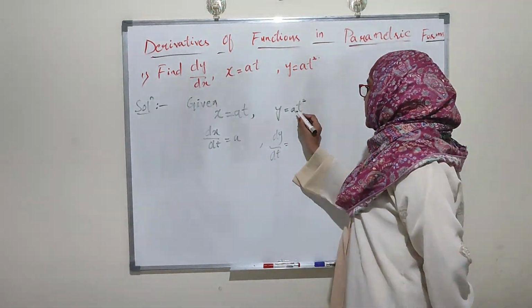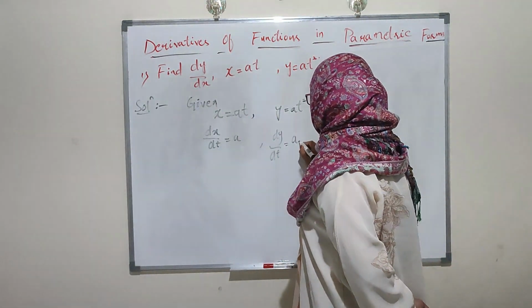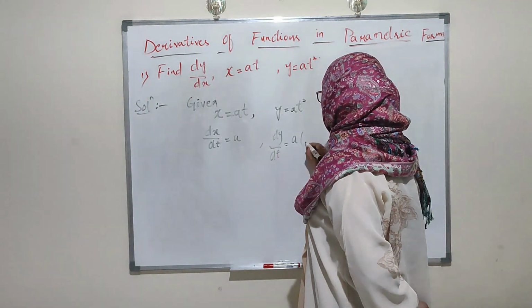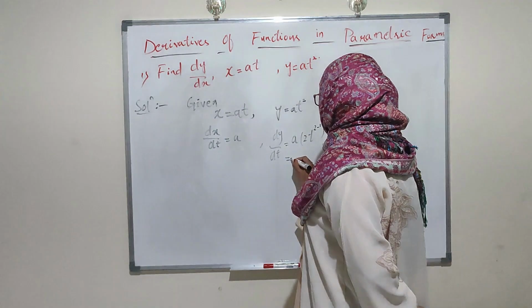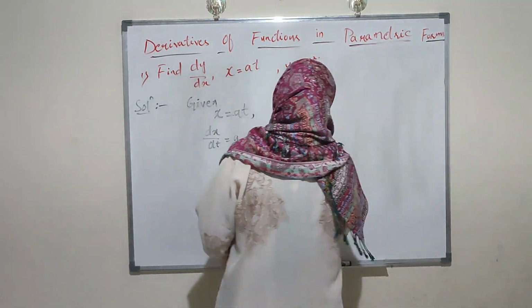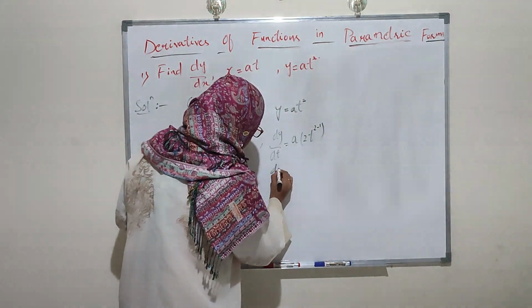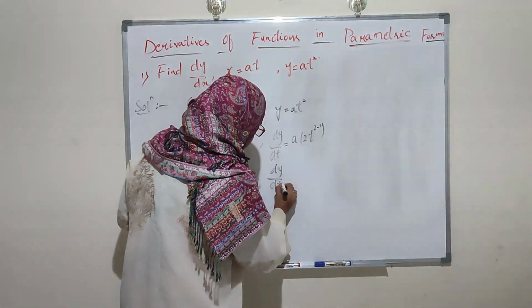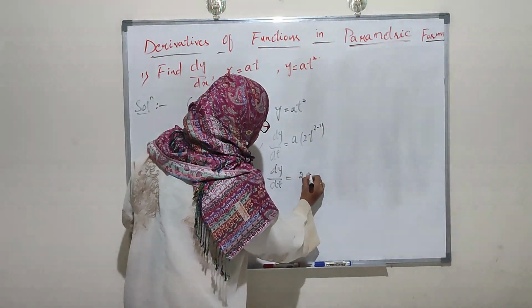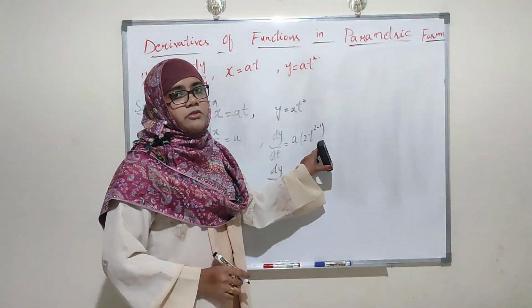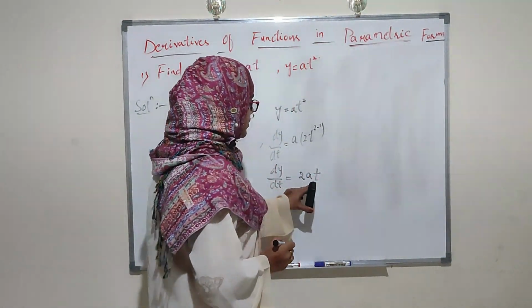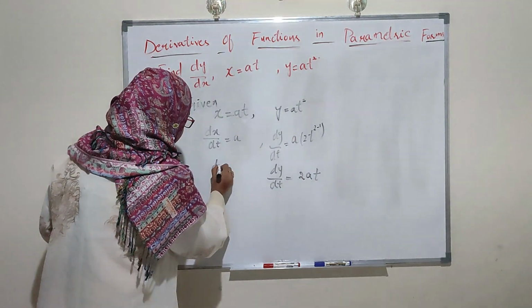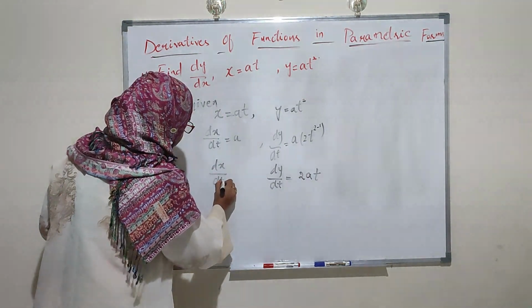Differentiation of a t square: keep a as it is, differentiation of t square is 2 into t raised to 2 minus 1, so dy by dt is 2at.